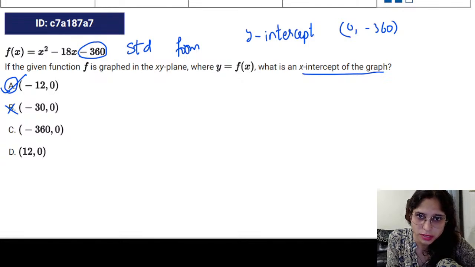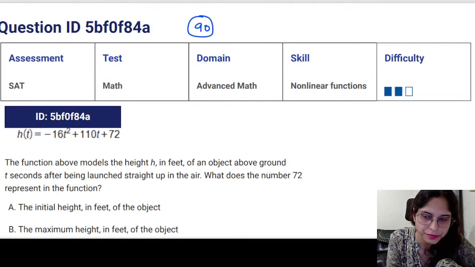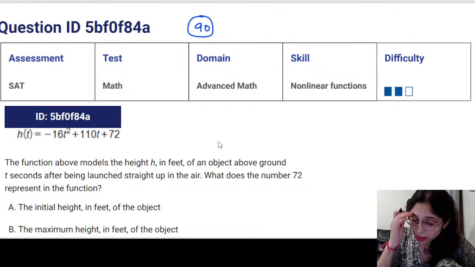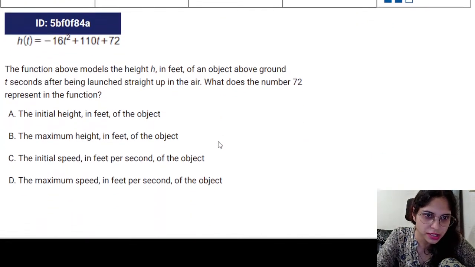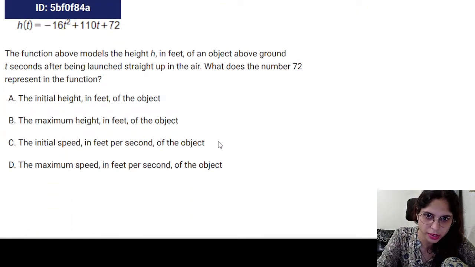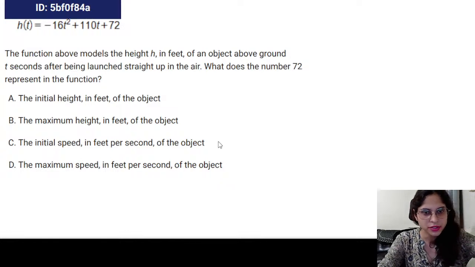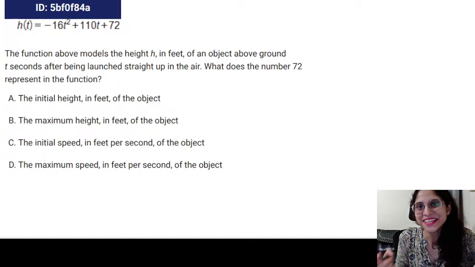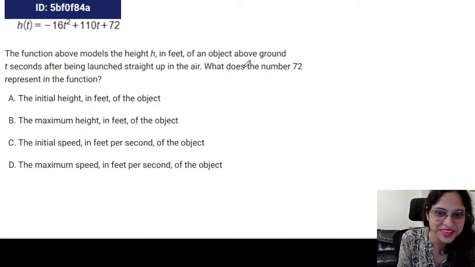Question number 90 is the next one. Again, the height problem is given to you: negative 16t squared plus 110t plus 72. T is your seconds, h is your feet. The question is, what does the number 72 represent in the function? This is your standard form.